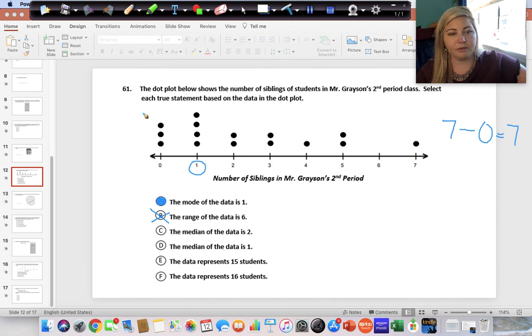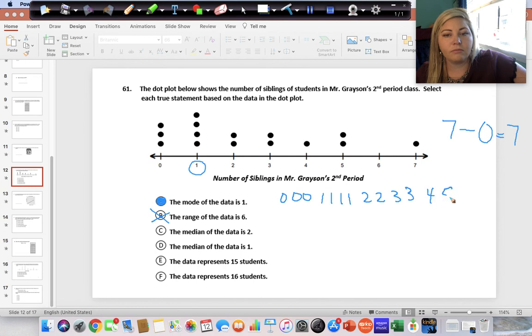To find the median, you can do this one of two ways. You can cross off the dots, or you can write the numbers out and then cross them off. To find the median, that's just simply finding the middle number.